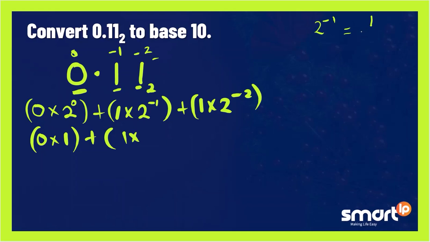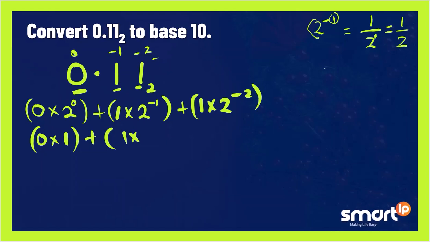So you write 1 over, then you take the number here, which is 2, and raise it to the power 1. 2 raised to the power 1 is 2, because any number raised to the power of 1 is the same number. So you have 2 there.